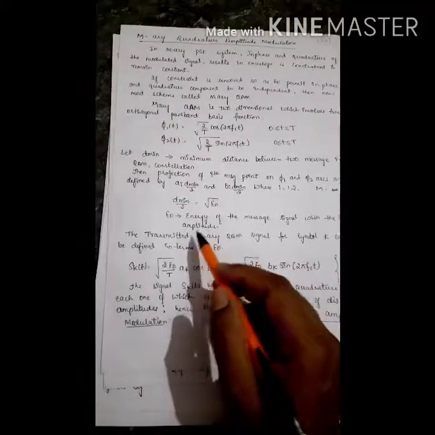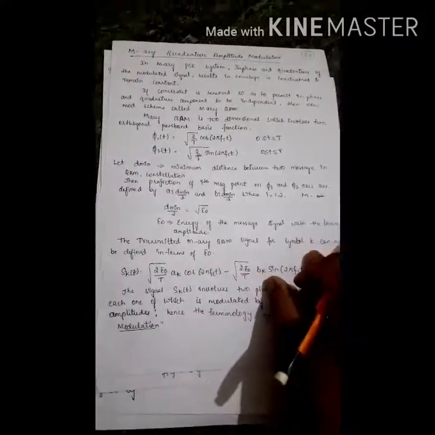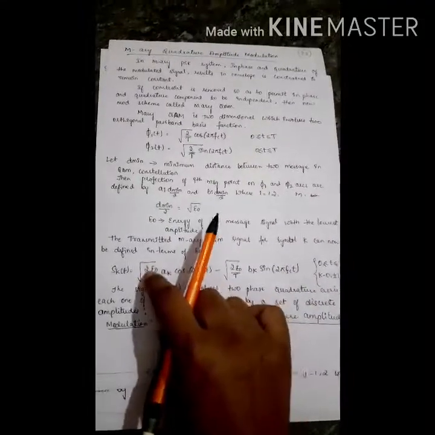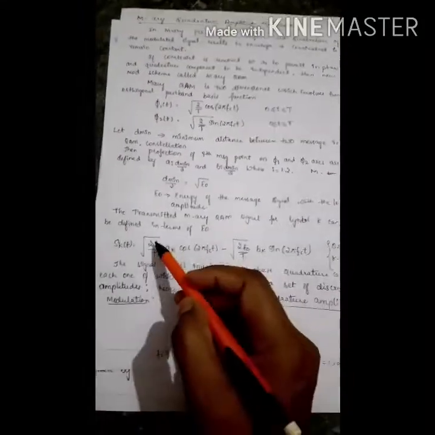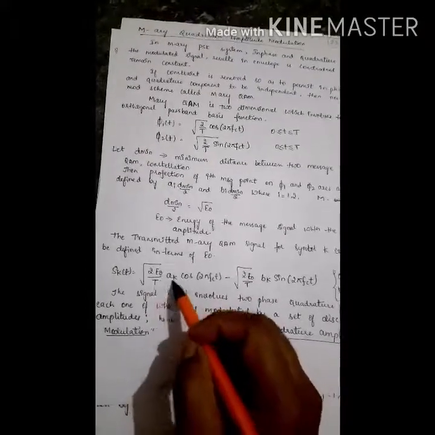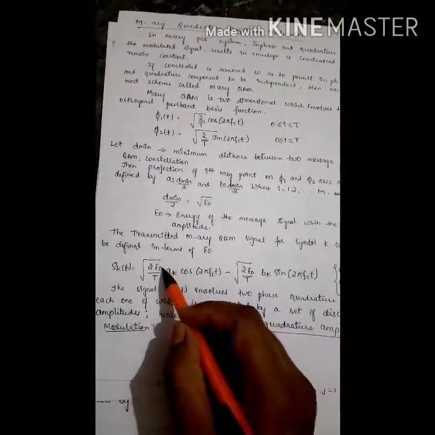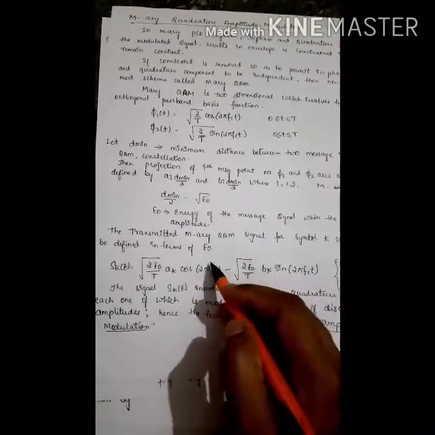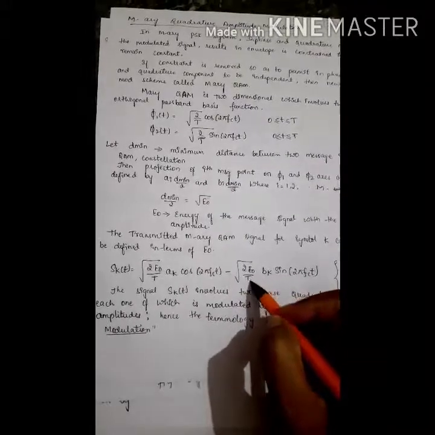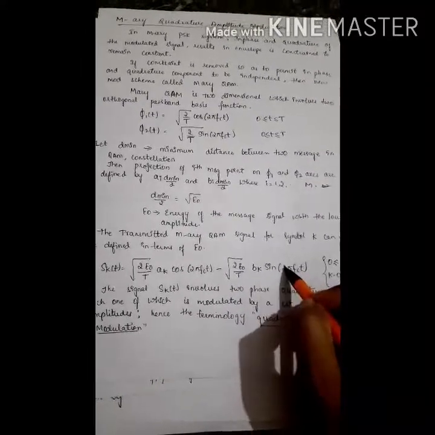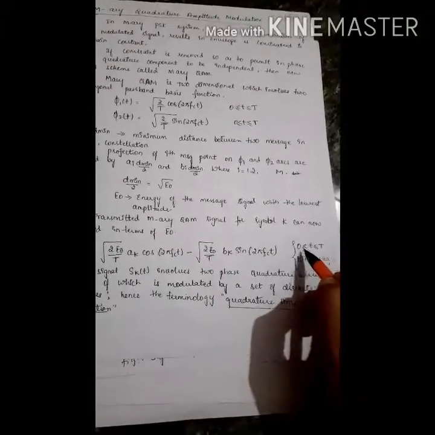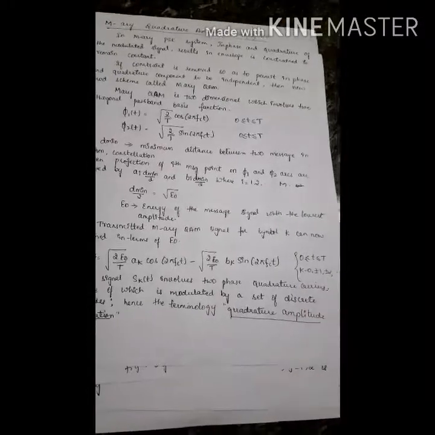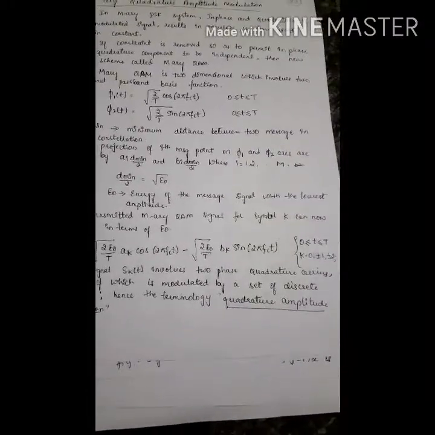Next is the transmitted M-ary QAM signal for the symbol k, which can now be defined as s k of t, given by square root of 2 E naught by T, ak cos 2 pi fc t minus square root of 2 E naught by T, bk sin 2 pi fc t, where t takes values between 0 and T, and k takes values 0, plus or minus 1, plus or minus 2, like that.